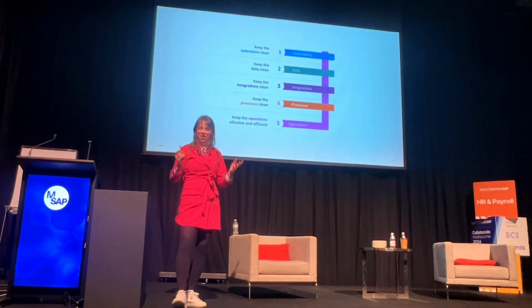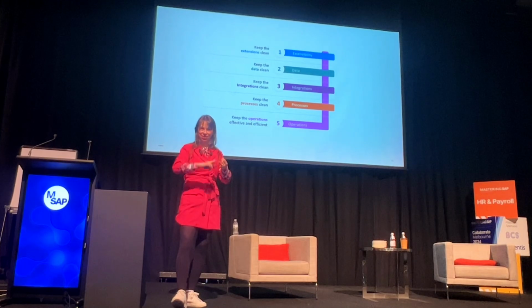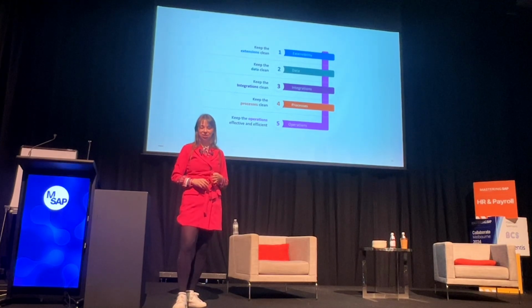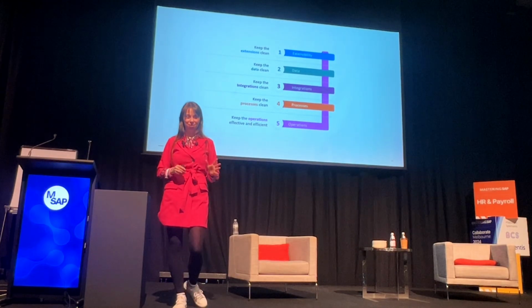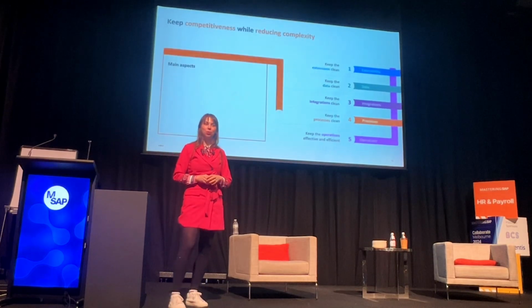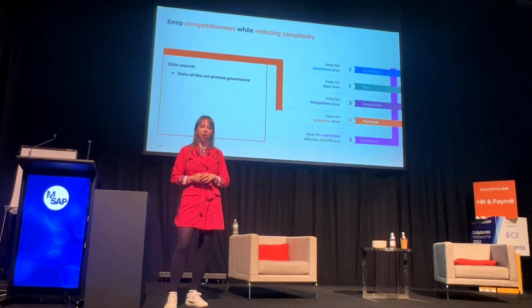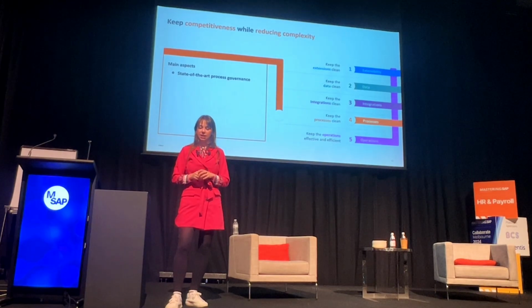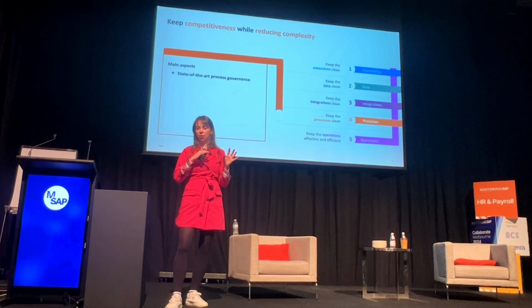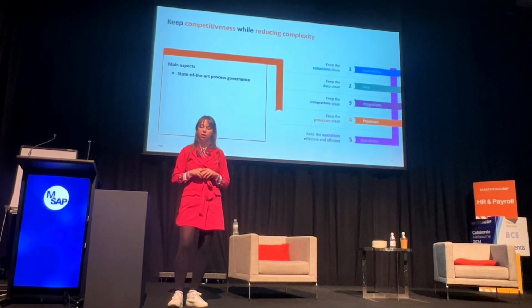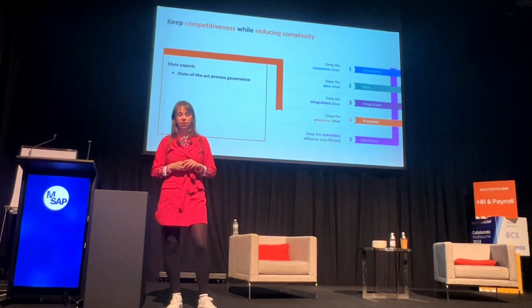Okay, we have done extensibility, we have done data, we have done integrations. So now let's move over to the process part. When it comes to the process part, you ideally want to have state-of-the-art process governance. What that means is including, for example, transactional organization structures and also requirement management parts.